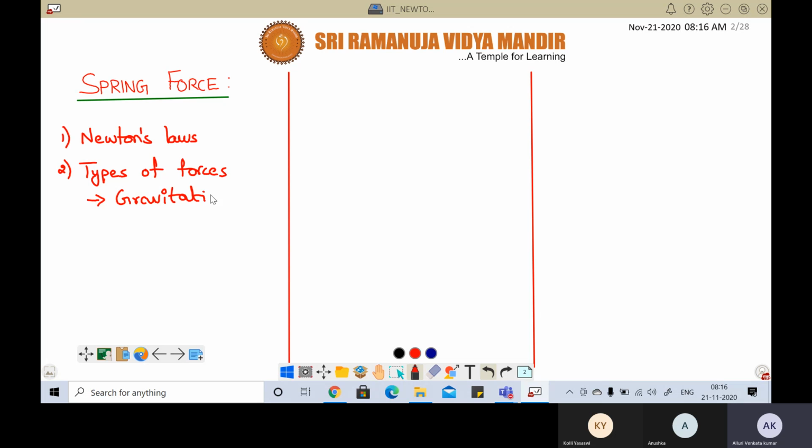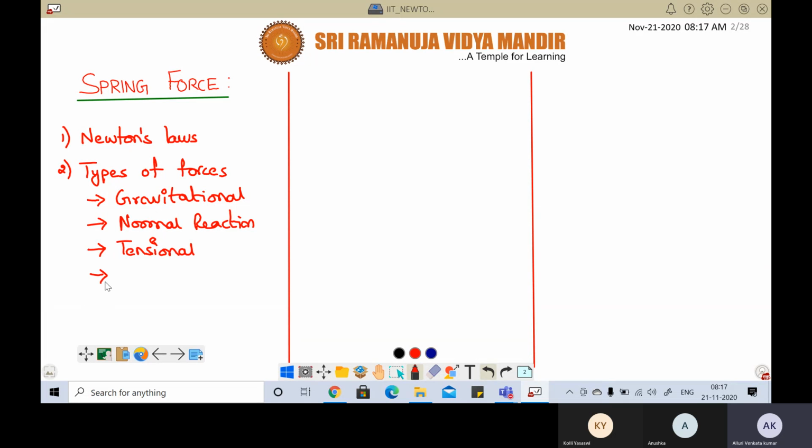Gravitational force. Next, second force: normal reaction force. And what about the third force? Tensional force, sir. Correct. So yesterday we saw how to find tension in heavy ropes.